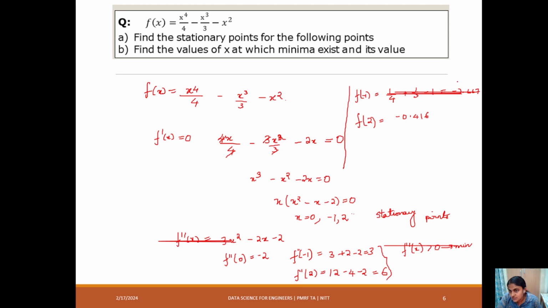The first one, f of minus 1, will be coming like minus 0.416, and f of 2 will be coming like minus 2.667. That's why one of you has given the value as minimum value at x equal to 2. Okay, so that is the answer.